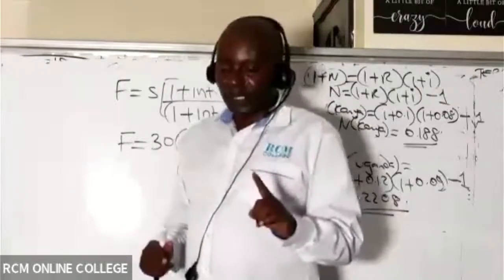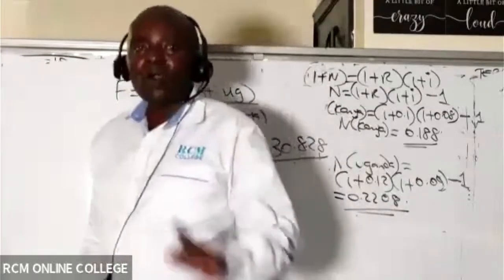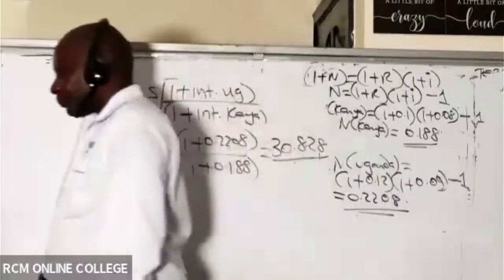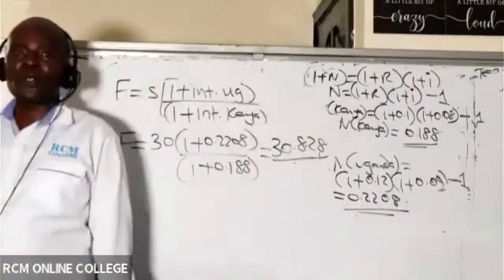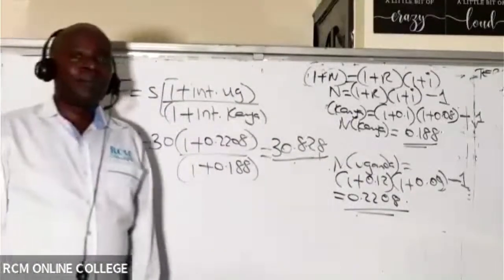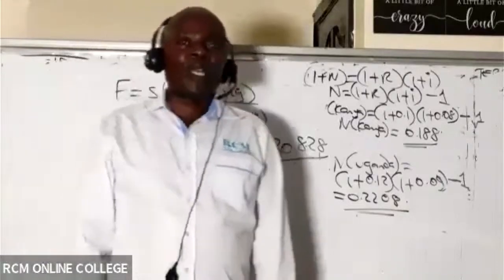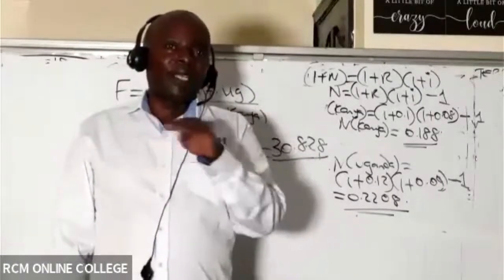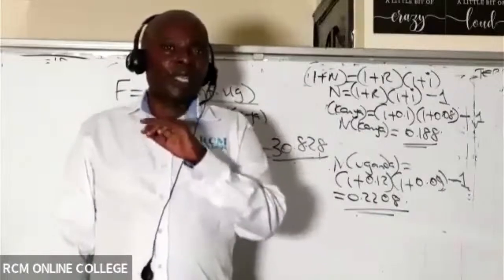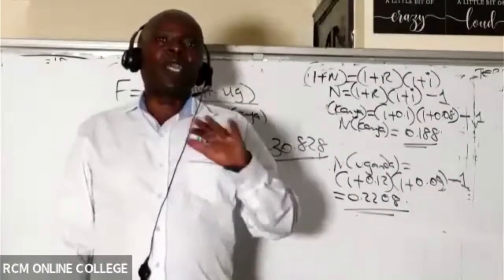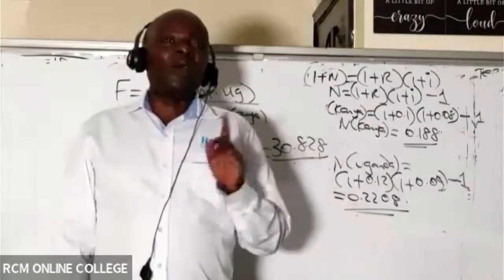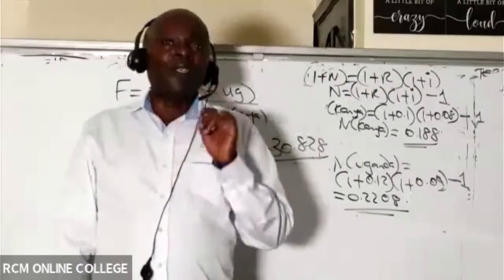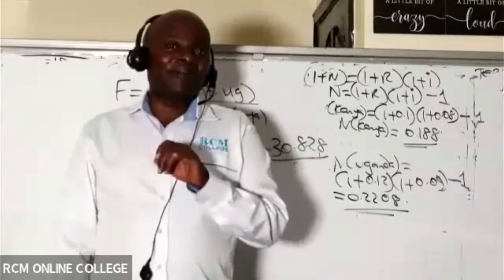Very important. Before I move on, at times you can get a situation where the examiner gives you inflation rates and nominal interest rates, and then asks you to determine the forward using interest rate parity.